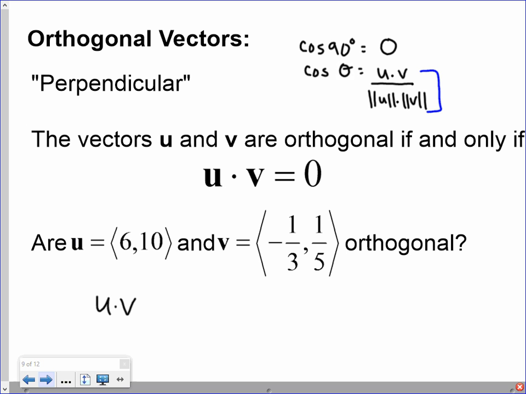U dot v. Multiply my horizontal components, 6 and negative 1/3. Add to that the product of my vertical components, 10 and 1/5.